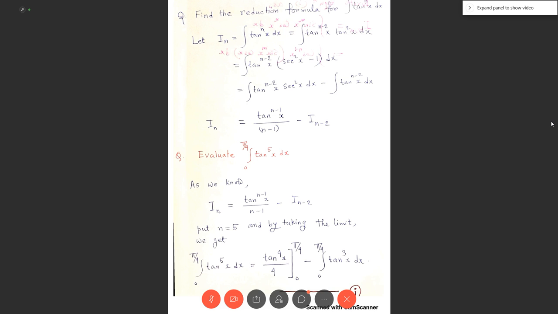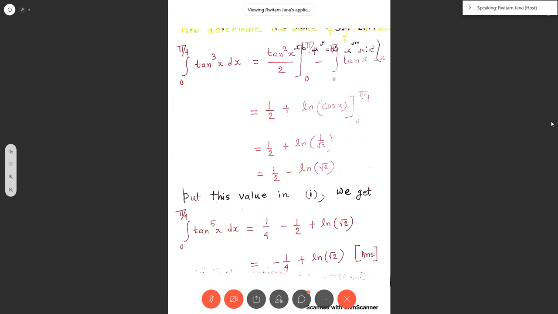Okay, very good. So if you put n equals to 3, now you find the value of the integral from 0 to pi by 4 of tan cube x dx. Put n equals to 3 in this formula and you will get I1, so it will give you the integral from 0 to pi by 4 of tan x dx. Now, if you calculate this part, you will get half minus ln of root 2. This is simple algebraic manipulation. You can do this yourself, I think. It is a very simple thing.